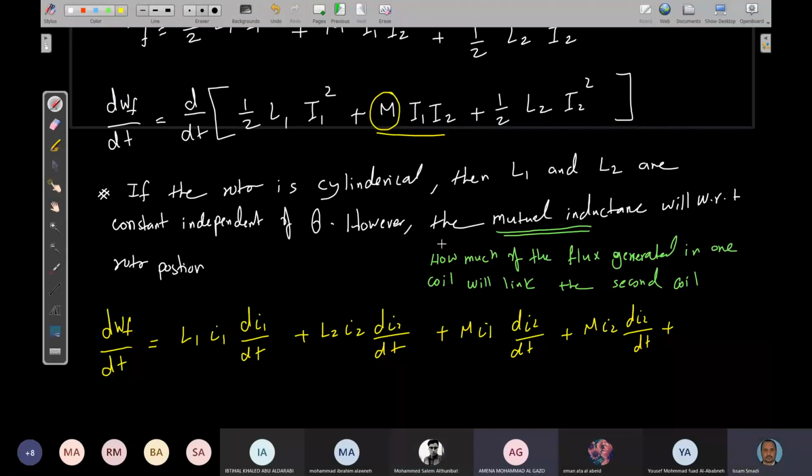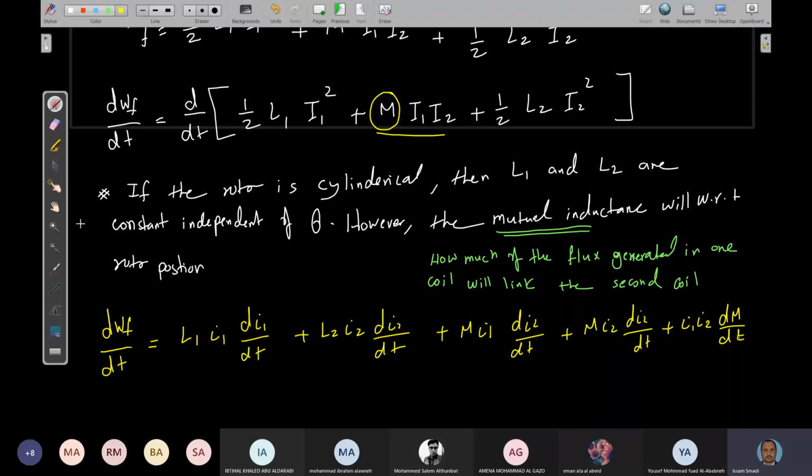Because M is a function of theta, I should differentiate, so this will be I1 I2 partial M by partial theta, or dM by dt. Until here, we have the rate of change.